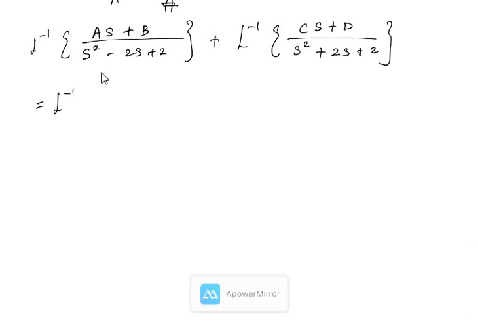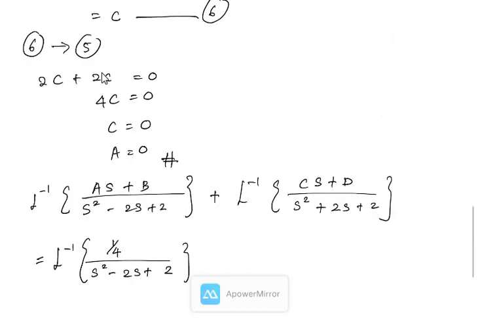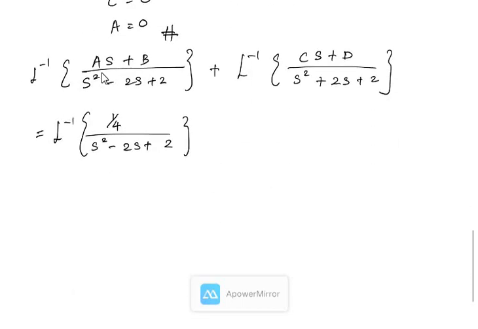A is 1 over 4, b is 0, so we leave this one. And c value is 0, and d is negative 1 over 4. So this is negative 1 over 4.